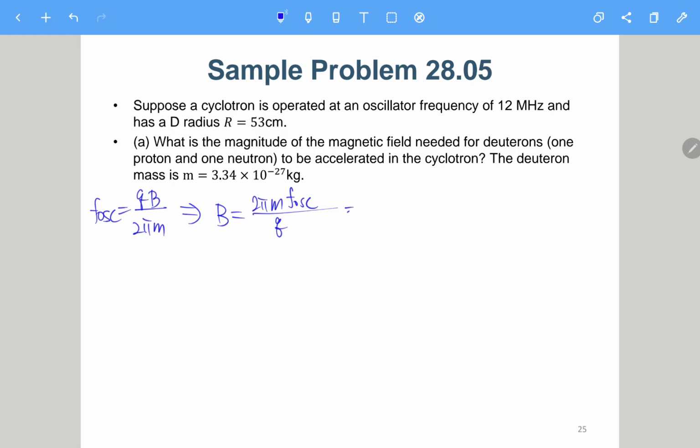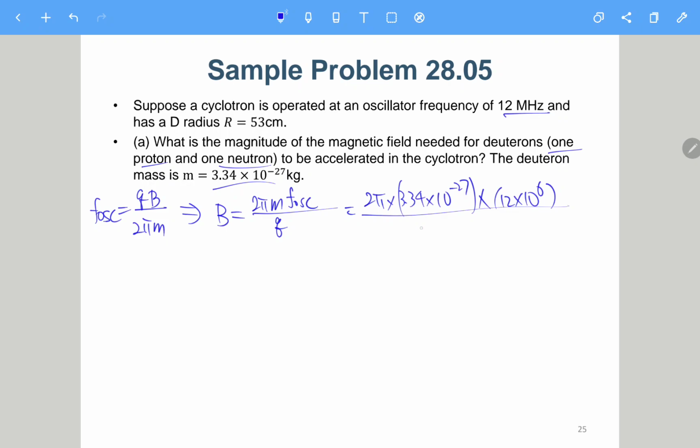Okay, so 2πm is this one, 3.34 times 10 to the minus 27, and then times f_osc, which is this one, 12 times 10 to the 6th power, all over q. q is actually 1 proton, 1 neutron. The neutron doesn't have charge.